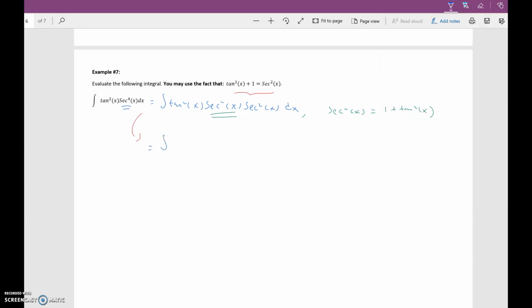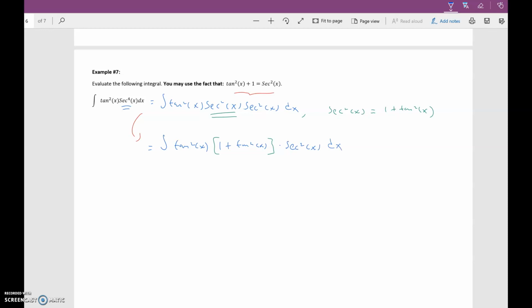It's going to be the tangent squared of x, and then part of the identity that I'm going to use, it's going to be 1 plus tangent squared, and then don't forget the actual secant squared of x dx.